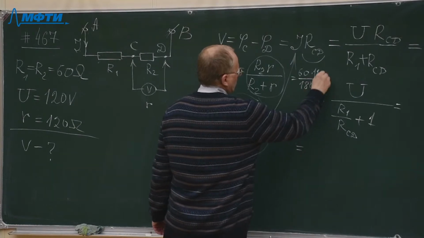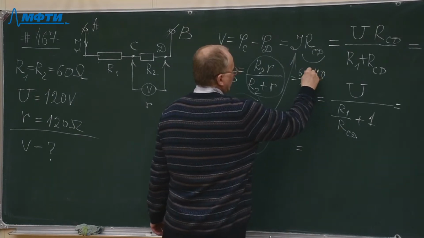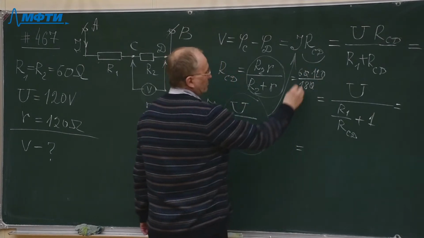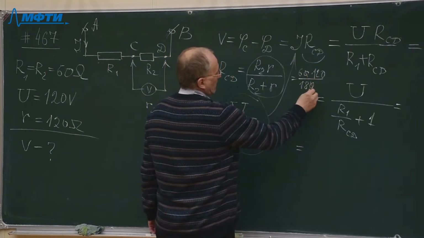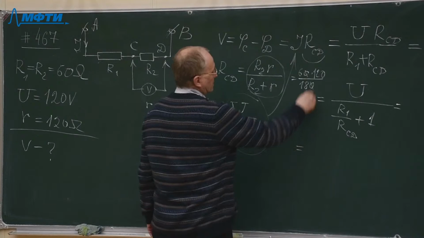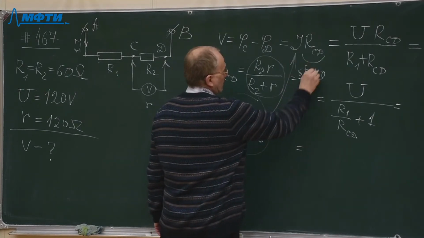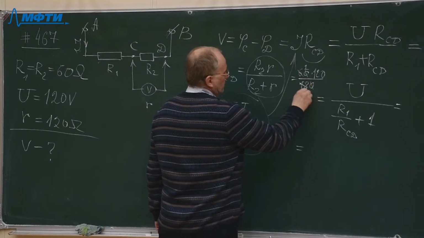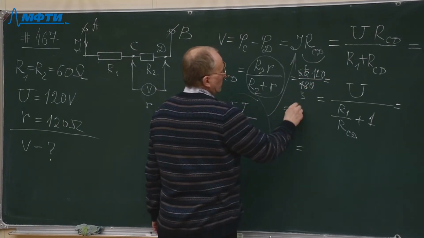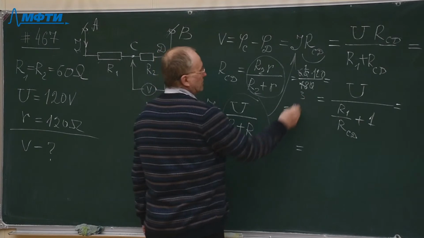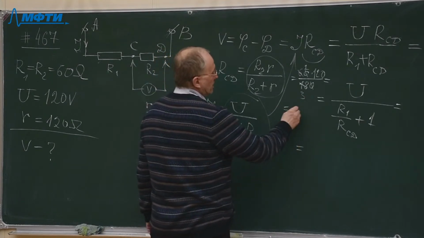Well, to carry out these calculations, I will make some cancellations. We divide by 10, and then we can divide by 6. 1 unit remains here and 3 will be here, so the answer will be 120 divided by 3, that will be 40.